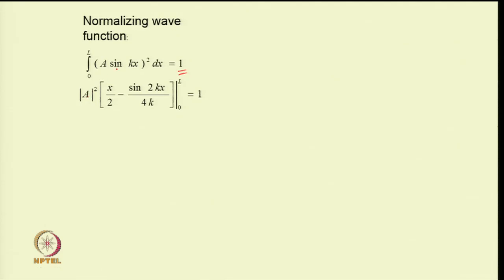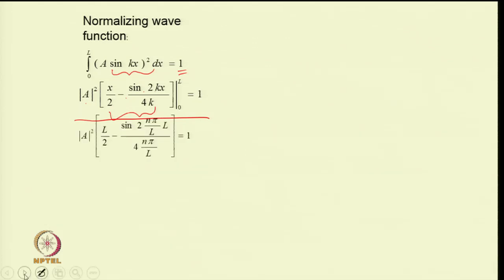Now, if you do this, what you are going to get is A square times x by 2 minus sin 2kx by 4k, from 0 to L. This part is basically the integration of sin square kx dx. When you do this integration you will get this value.